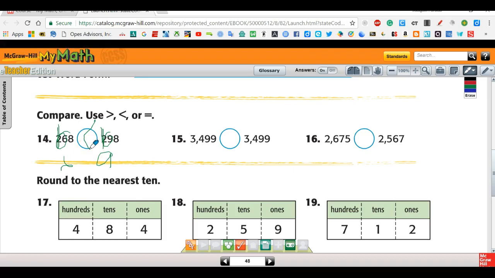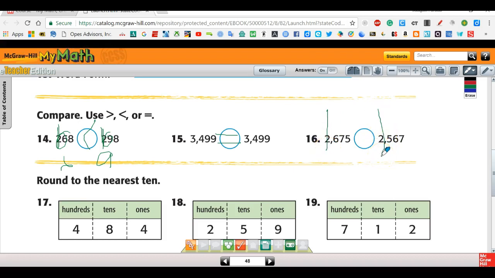All right, going to do number 15 and 16. I have number 15, 3,499, and also 3,499. So what sign am I going to use? Equal to. That would be it. And then number 16, I have 2,675 and 2,567. Obviously, look at the numbers in the thousands place.